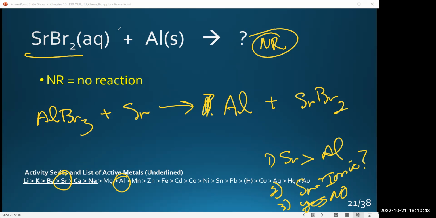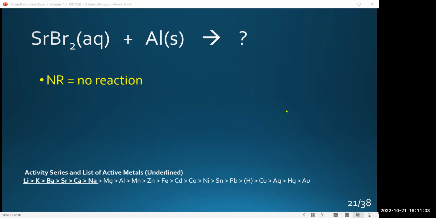This is what I mean by opposite form: aluminum in elemental form versus ionic form, and vice versa. So no for the top reaction, yes for the bottom one, again because the most reactive metal wants to be in ionic form.